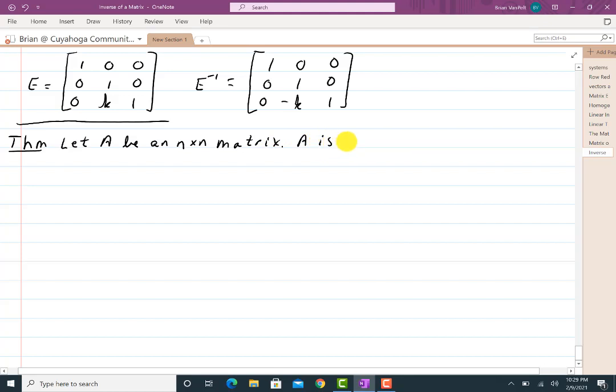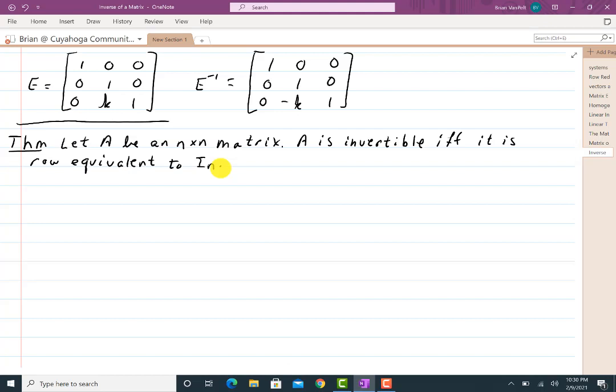A is invertible if and only if it is row equivalent to I sub n. So if you're able to use row operations to transform A into the identity matrix, guess what? A is automatically invertible.